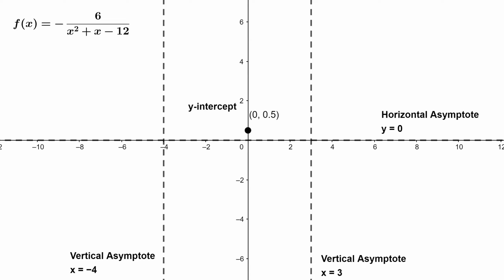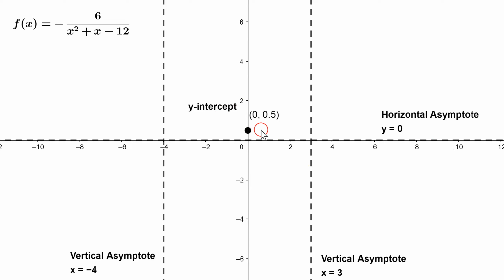Next, we found the y-intercept that is right here at the point 0, 0.5. And we also found there were no x-intercepts, so the graph does not cross the x-axis. In some cases, graphs can cross their horizontal asymptote, but it doesn't happen in this case.